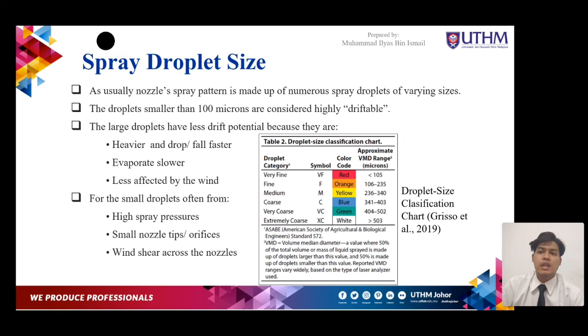The large droplets have less drift potential because they are heavier, evaporate slower, and are less affected by the wind. Small droplets often result from high spray pressure, small nozzle tips or orifices, and wind shear across the nozzle. The table shows the droplet size classification chart by Griso in 2019.